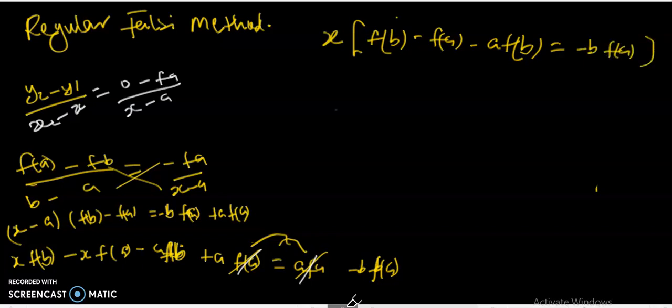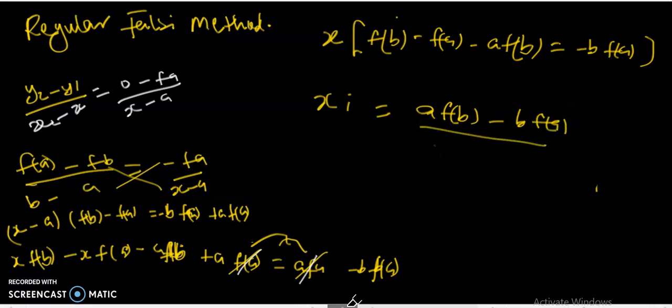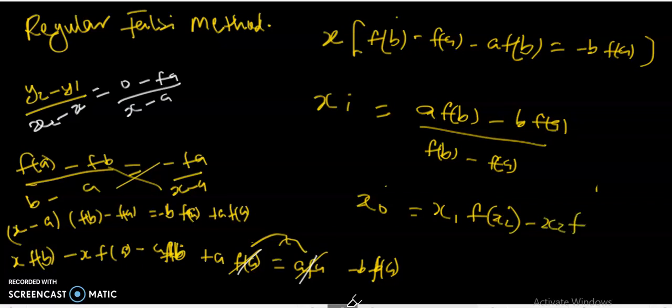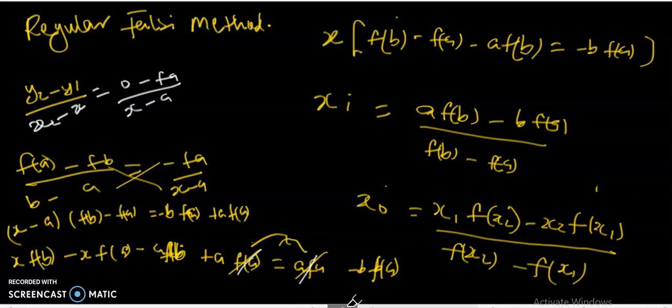Exactly, this is what we have, and our x initial position will become a f of b minus b f of a, and this will be divided now by f of b minus f of a, and this is our formula that we also call x naught to be equals to x1 f of x2 minus x2 f of x1 divided by f of x2 minus f of x1, and this is how we derive the formula for regula falsi method.